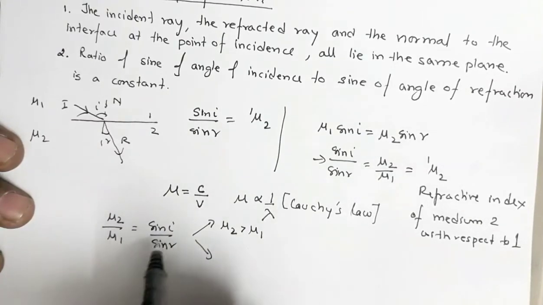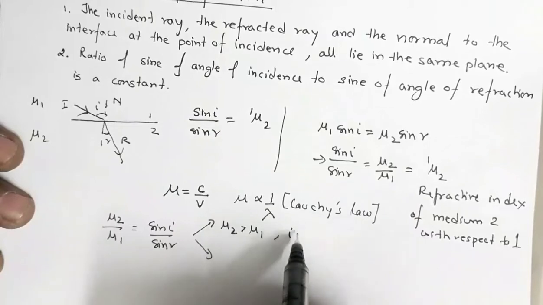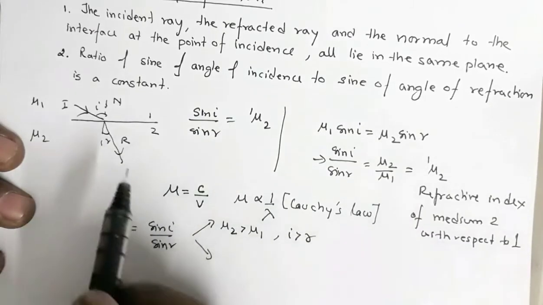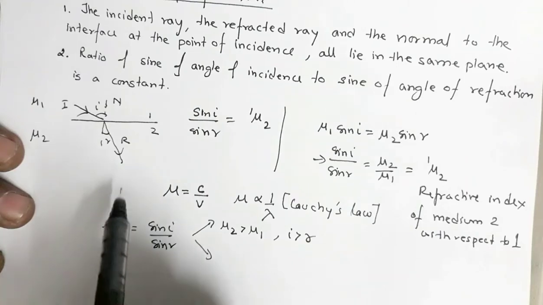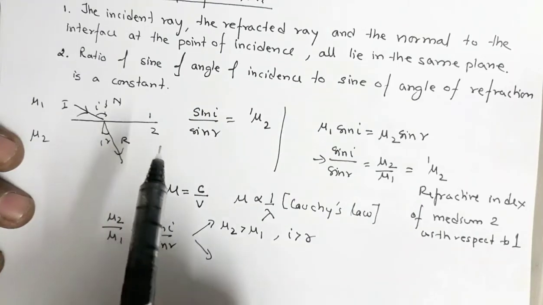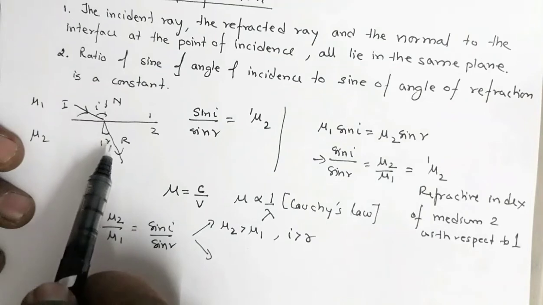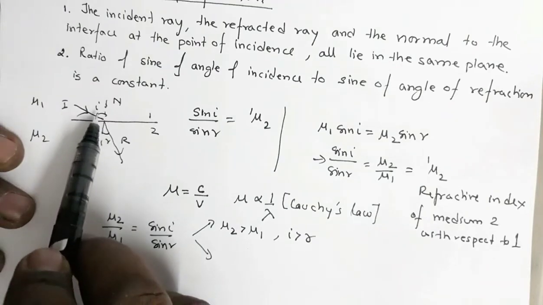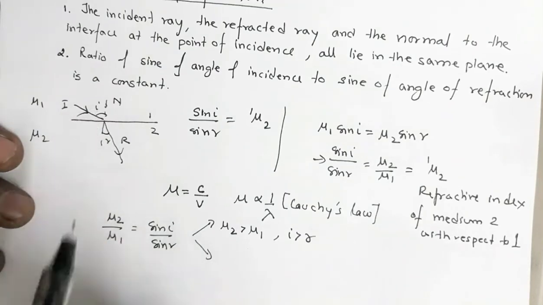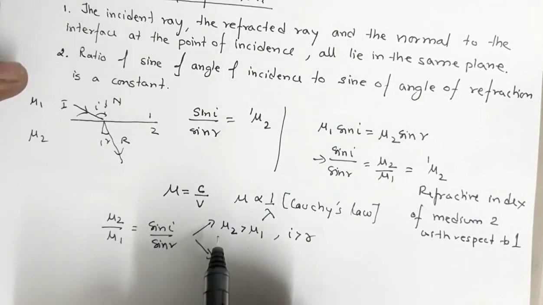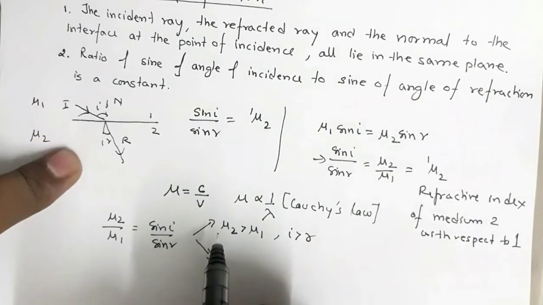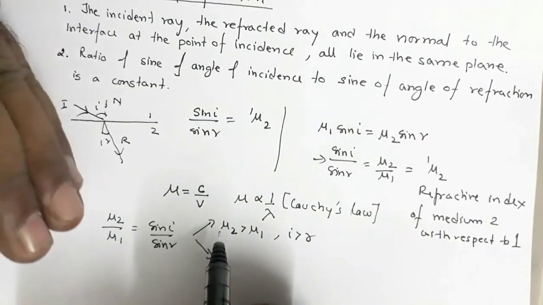If mu2 is greater than mu1, that means i is greater than r. So that means if the ray is traveling from rarer medium to denser medium, the ray will bend towards the normal. This angle is more, this angle will be less. So if the ray is traveling from rarer medium to denser medium, then the refracted ray will bend towards the normal.